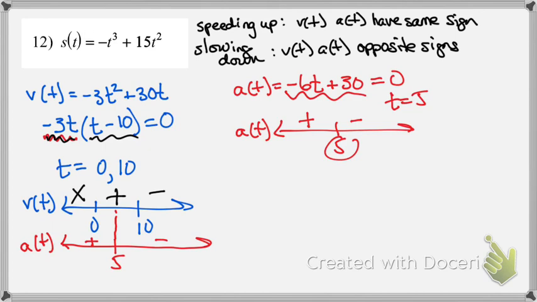All right, now compare your signs. Anywhere you have the same sign, that's speeding up, or increasing speed, okay? Between 0 and 5, we have plus, plus, so that's speeding up.